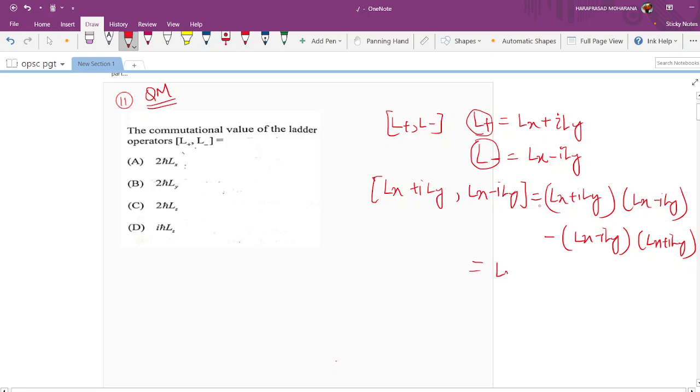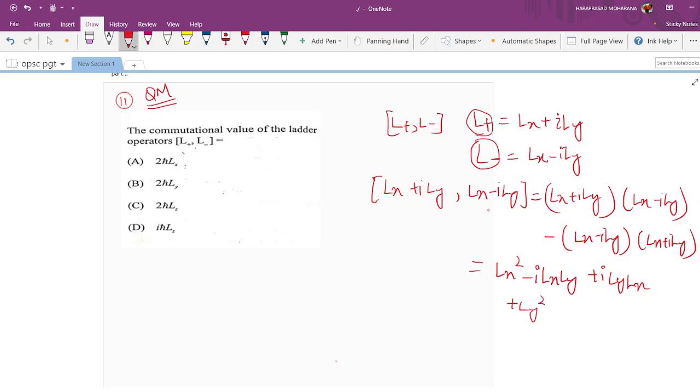So this will become Lx square, minus iLxLy. Similarly, this will become plus iLyLx, and this will become plus i times minus i, so minus i square, and i square is minus 1, so it will become plus Ly square.